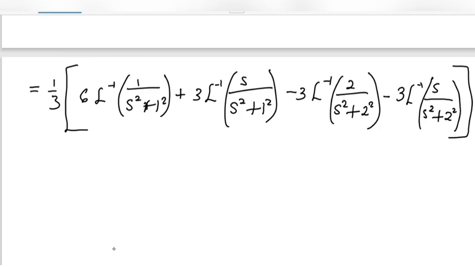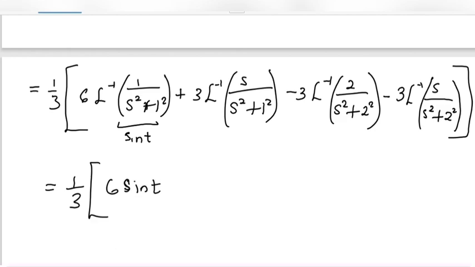And then when you look at this, it's just going to be 1 over 3 into 6. What is this? This is just sine t, sine 1t. This is 6 sine t. Okay, then plus 3. What is this? This is cos t. 3 cos t minus 3. What do we have here?